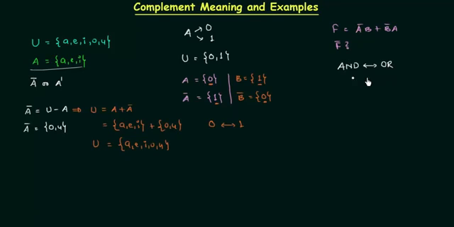AND is represented by dot and OR is represented by plus. 0 is exchanged with 1 and 1 is exchanged with 0. We know why. And we have to take the complement of each variable. These are the points you should keep handy while solving problems on complement.